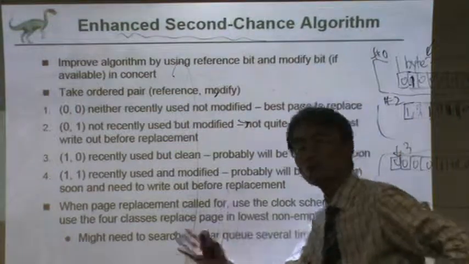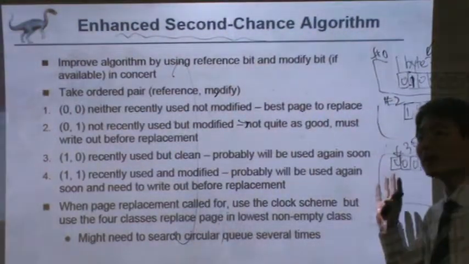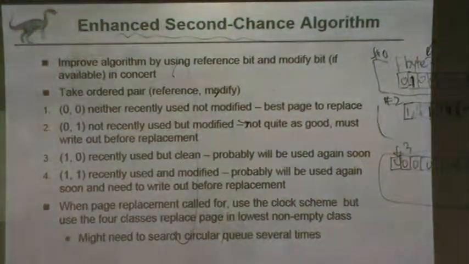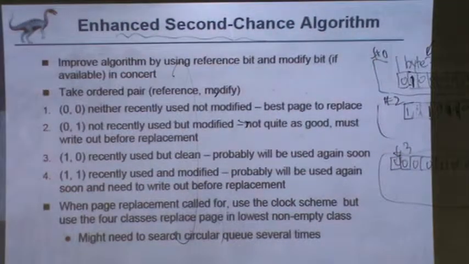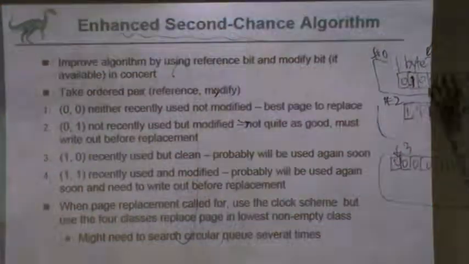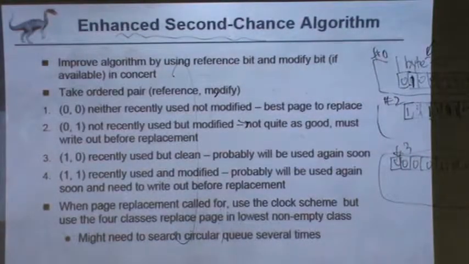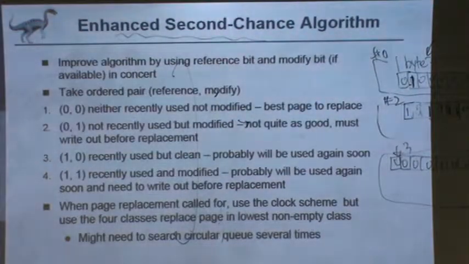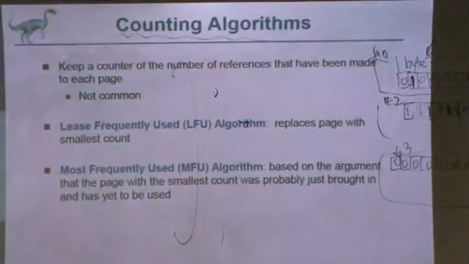If you page it out, sometimes later you need to bring it back because the current process modified it. So this is the enhanced second chance: not only the reference bit, we can even consider the dirty or modified bit to decide the victim page. The modified bit itself is the dirty bit. Yes, it's the same thing.